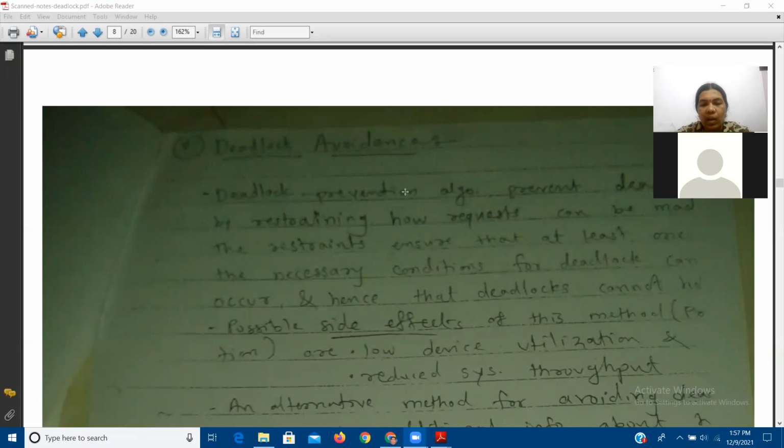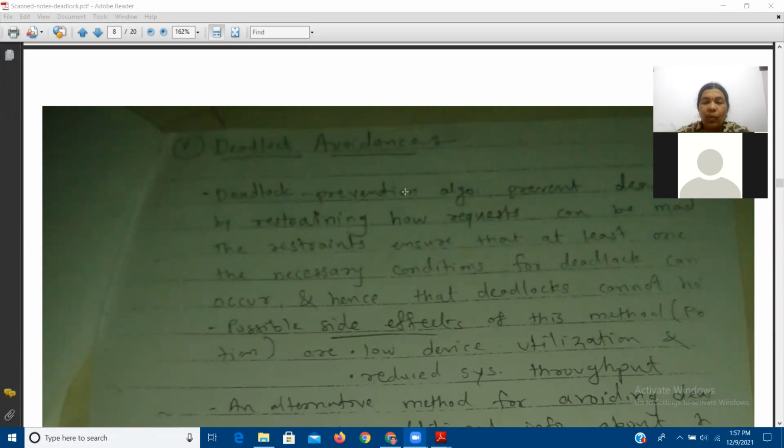In deadlock avoidance, we discussed the concept of safe state and unsafe state. Safe state is the state in which the system follows a safe sequence. When the system follows an unsafe sequence, it goes to the unsafe state.